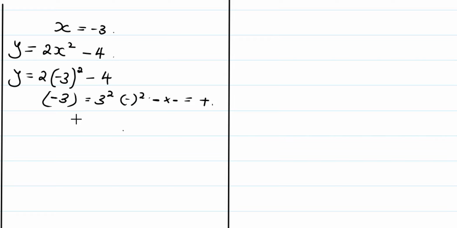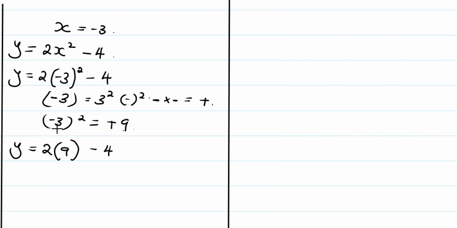So now it will change from -3. If it's -3 squared, it will change to positive 9, because we squared the 3, which is 9, then squared the negative, which became positive. So now we have our equation like this. y is equal to 2, these 2 here, times positive 9, I can just write it as 9, then minus these 4 here.